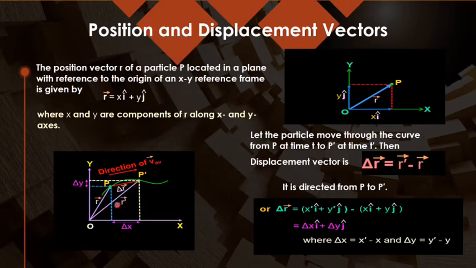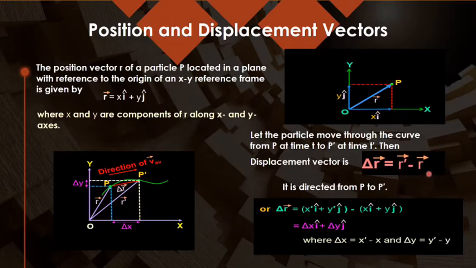Then you see the direction. If I am moving from P to P dash, this is the direction. It means the directions of OP and P to P dash are in the same order. So r plus delta r is equal to the third line, which is the closing side of the triangle, that is r dash. So you can get r plus delta r equals r dash, or I can write delta r equals r dash minus r vector, which is the displacement vector.